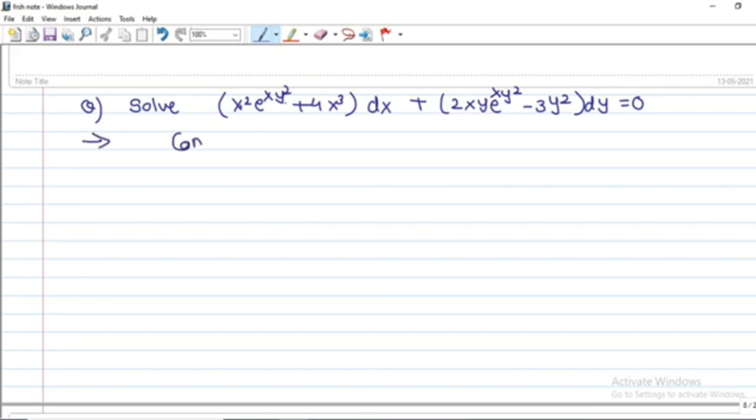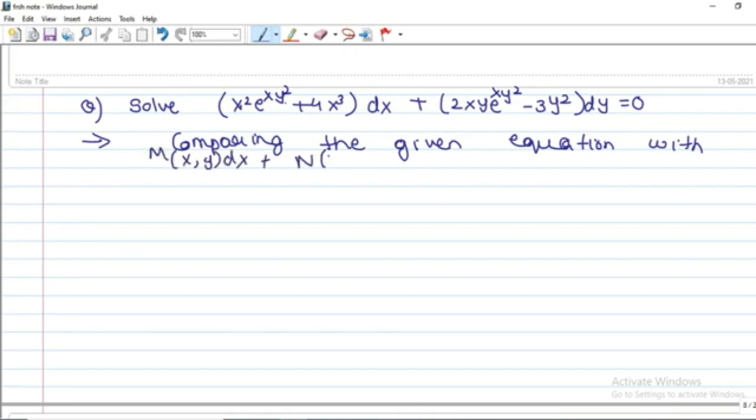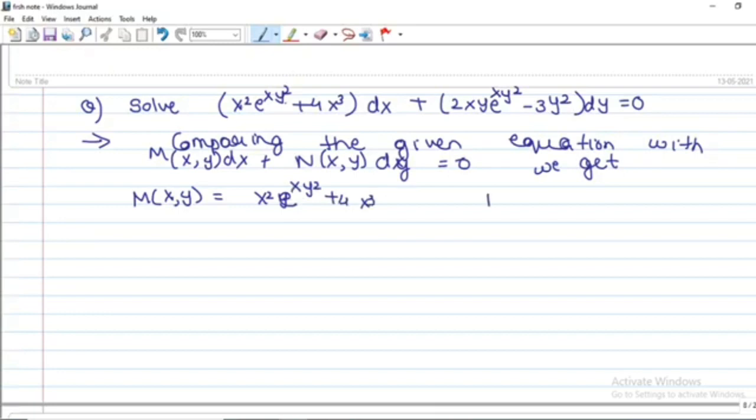Comparing the given equation with M of x comma y dx plus N of x comma y dy equal to 0, we get that M of x comma y is nothing but the first bracket and N of x comma y is the second. So we know that these are the two things.